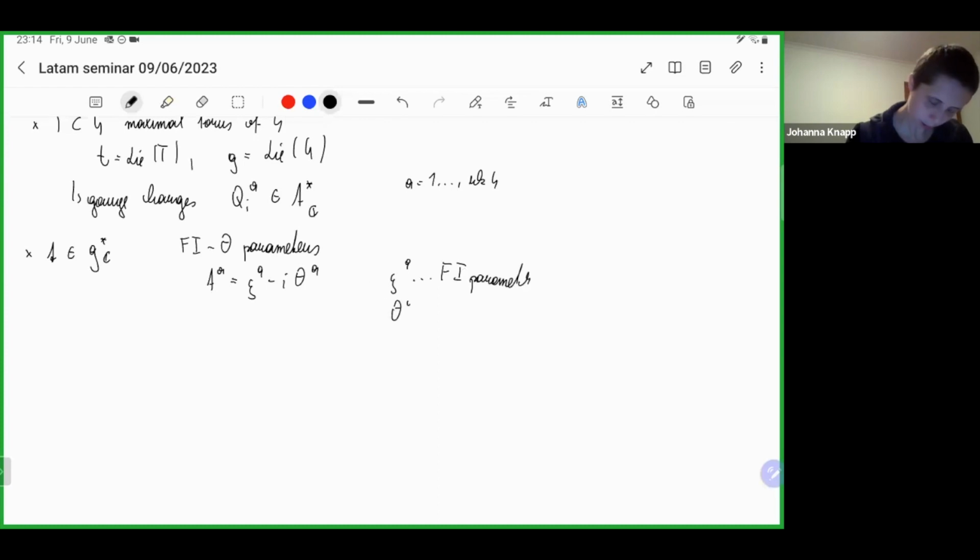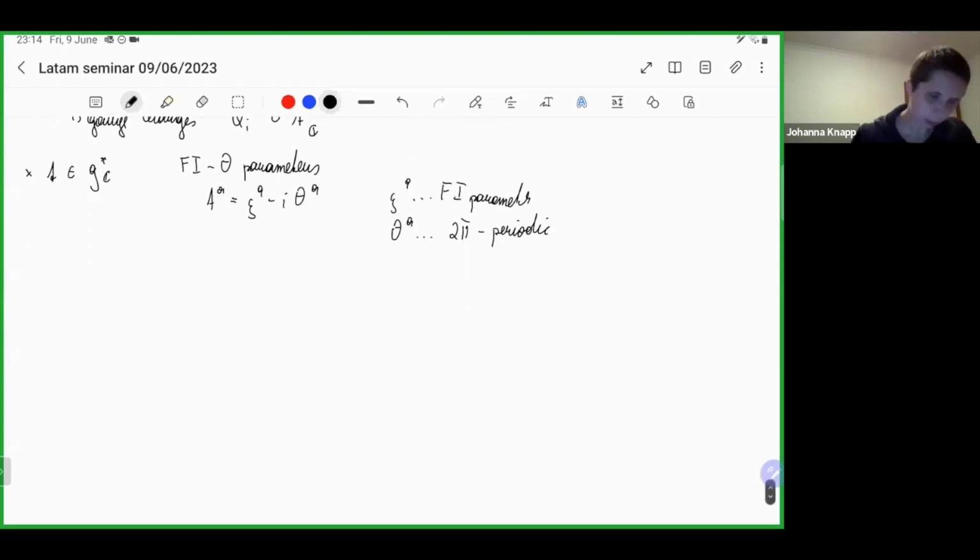And the imaginary part is called a theta angle because for the theory to be consistent, this has to be 2 pi periodic. And these parameters are the coordinates on the Kähler moduli space of the Calabi-Yaus we have yet to construct.